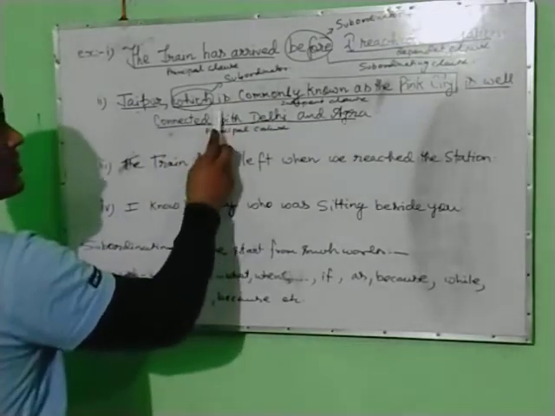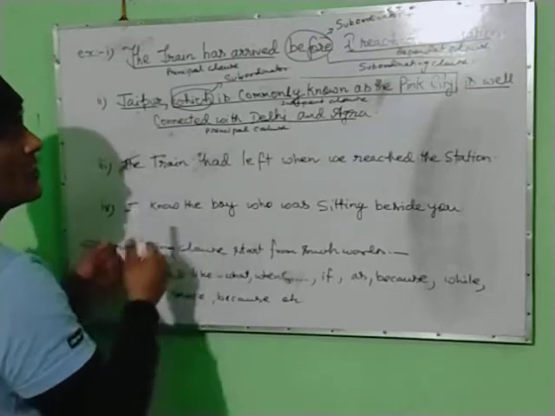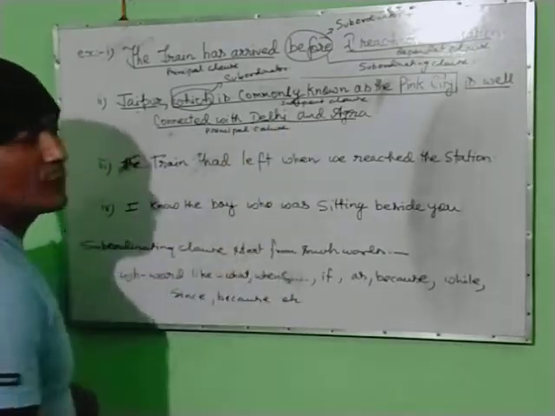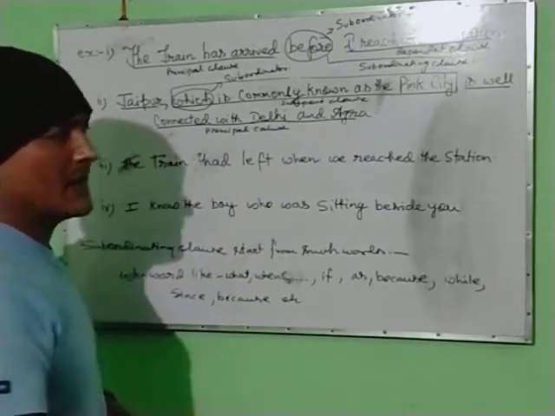And the subordinator and dependent clause together are called a subordinating clause, which is called a complex sentence.